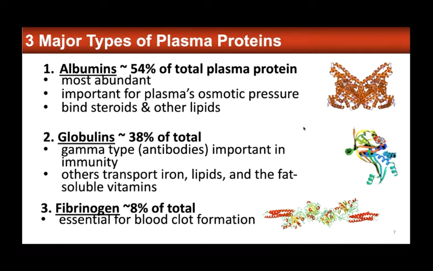You actually need the presence of calcium for the enzymes that chop fibrinogen into pieces to create the active form of the protein, which is fibrin. And that's absolutely critical for forming blood clots.